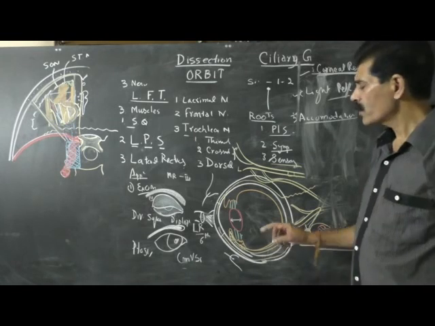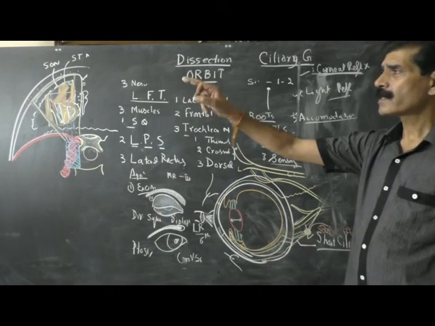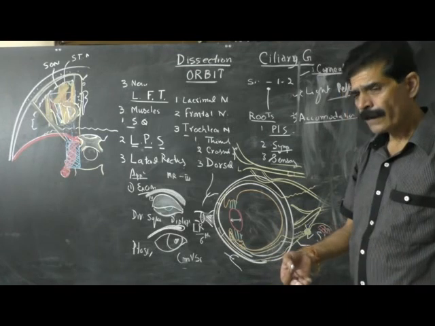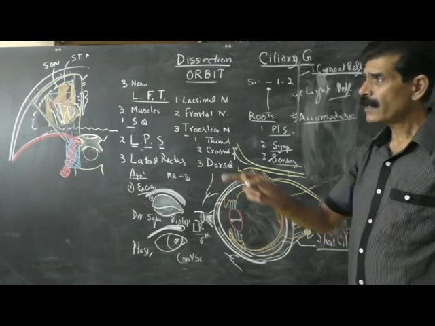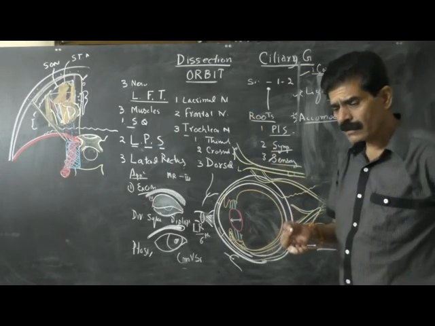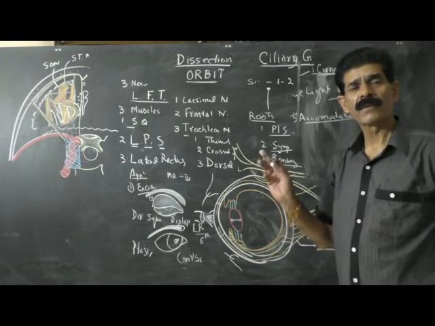So for the accommodation reflex, we ask the patient to see a distant vision and suddenly we ask what is written over here, he will be unable to tell. He says that I can see a distant vision, but at the same time I cannot see the near vision. It means his accommodation reflex is gone.